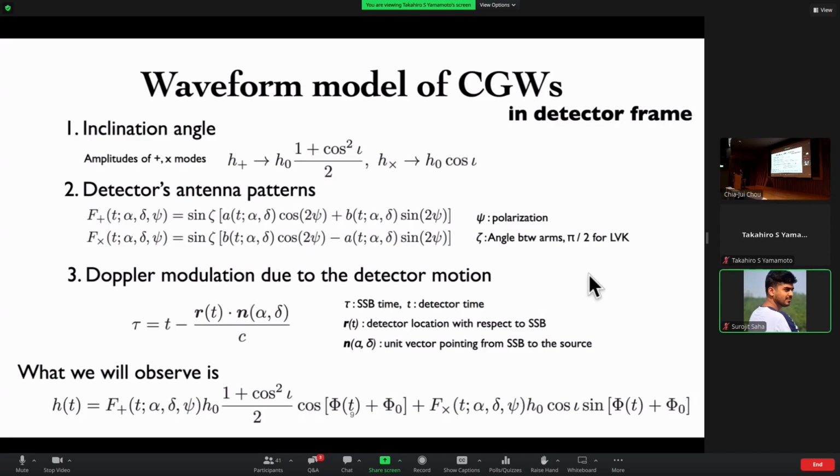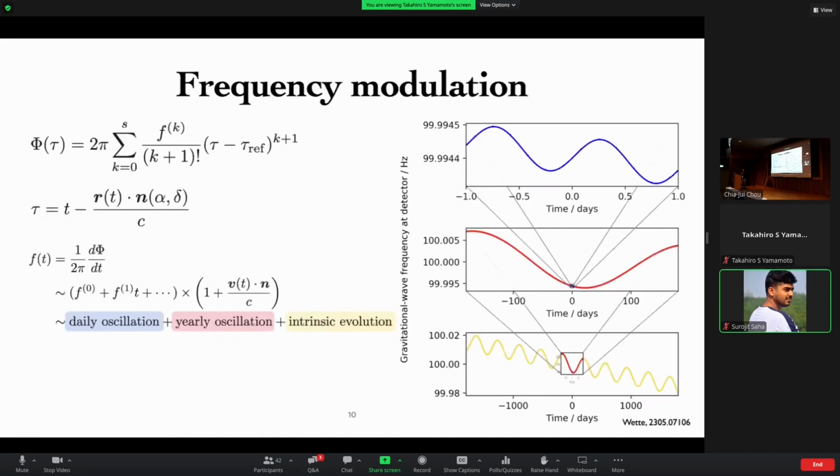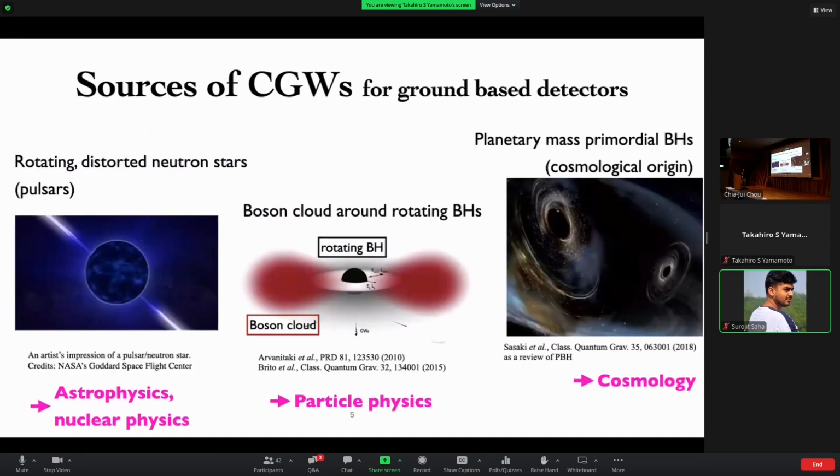Okay, I guess there's a follow-up question on that. When we detect continuous gravitational waves, how efficiently would they be classified depending upon their origins? Let me repeat it for the on-site participants. I think this is related to these three sources, the classification of these three sources.